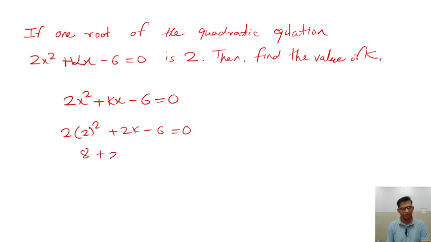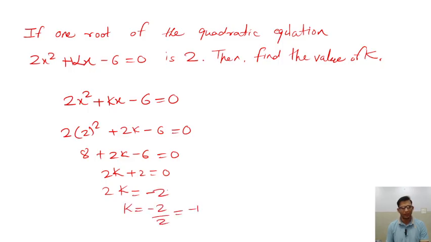So 8 plus 2k minus 6 equal to 0. It means 2k plus 2 equal to 0, so k equal to minus 2 upon 2, that is minus 1. Therefore, the value of k is minus 1. You will get this type of questions in your board exam. Now let's move on to another question.